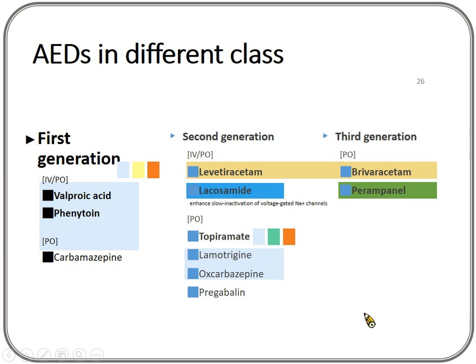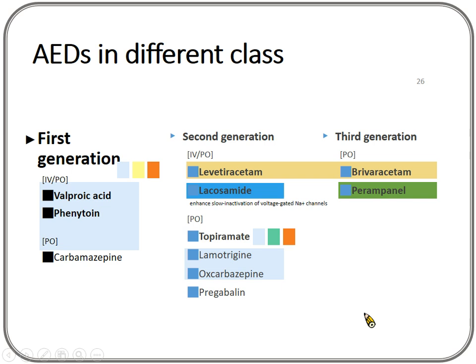So, categorizing by mechanism instead of just the generation in which the drugs came to market, I would like to categorize these by the following colors for your reference.